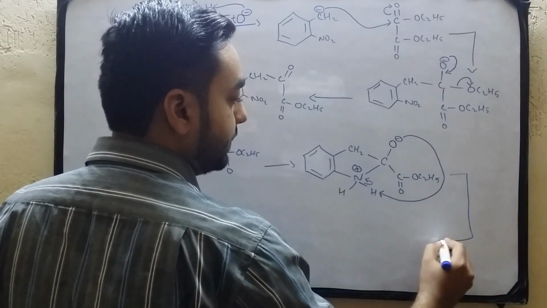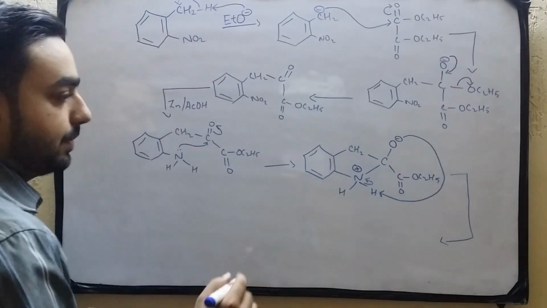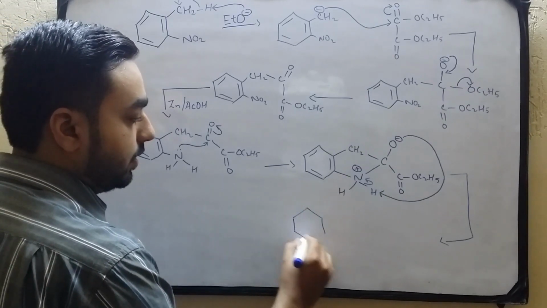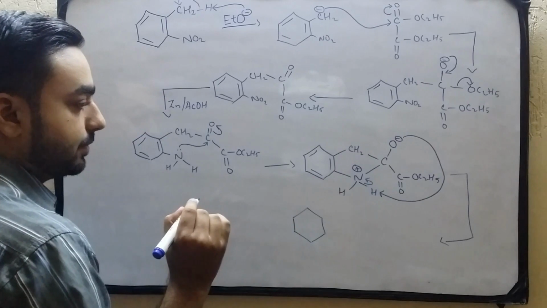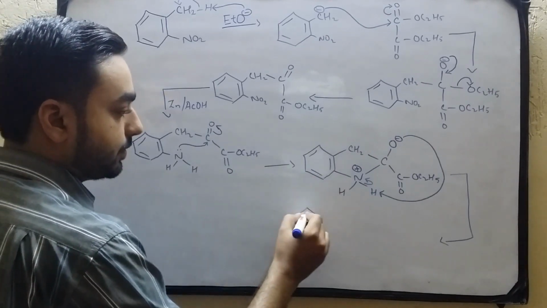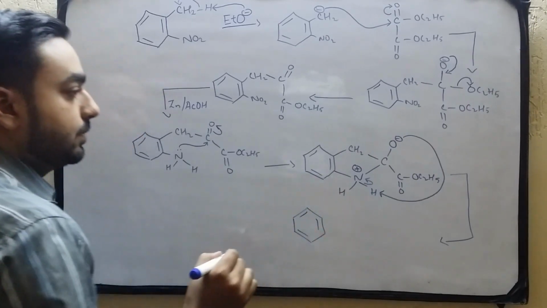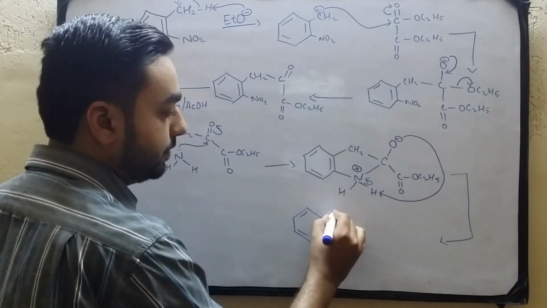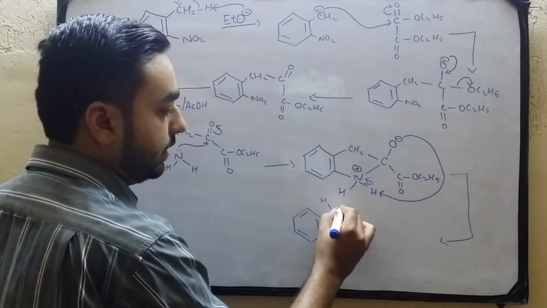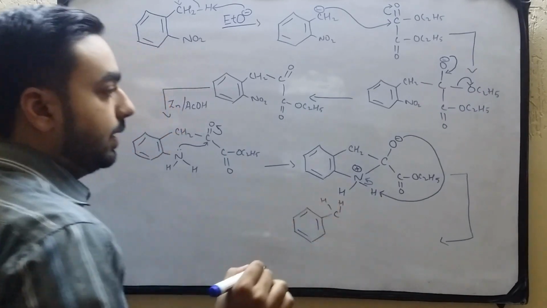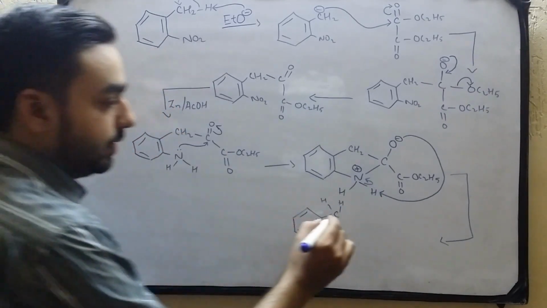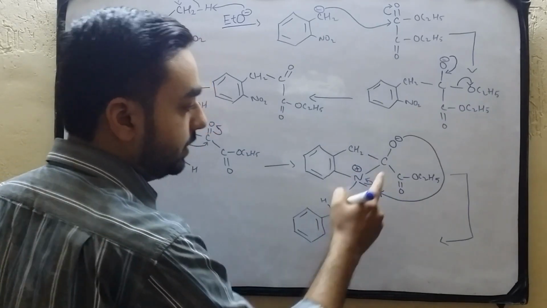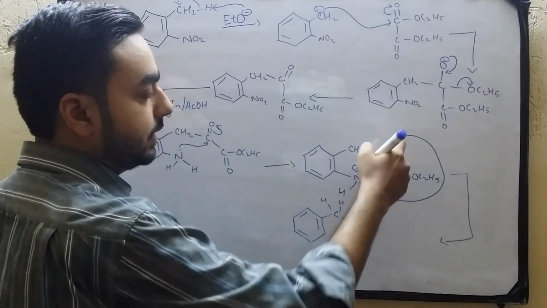So next step is here. Here it is CH2. You can also write it in this way, and this carbon with this oxygen, and this hydrogen will be connected on this oxygen.